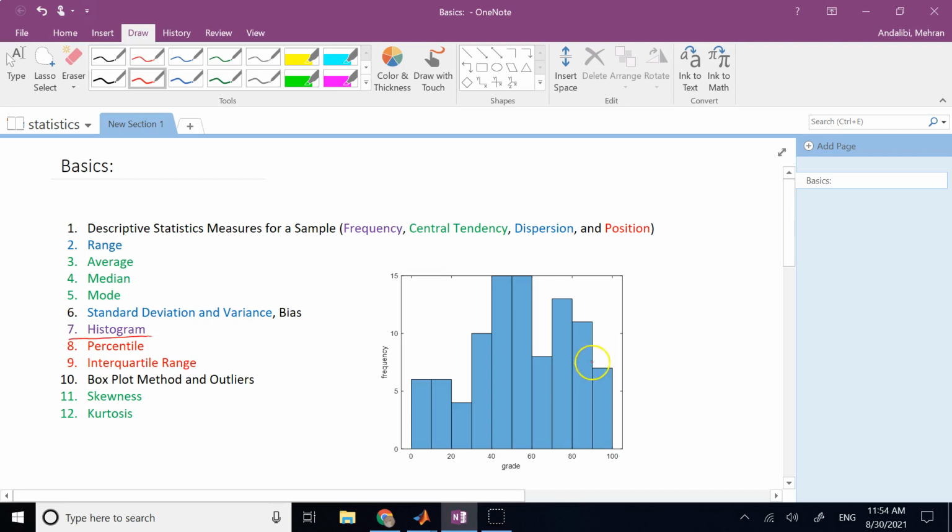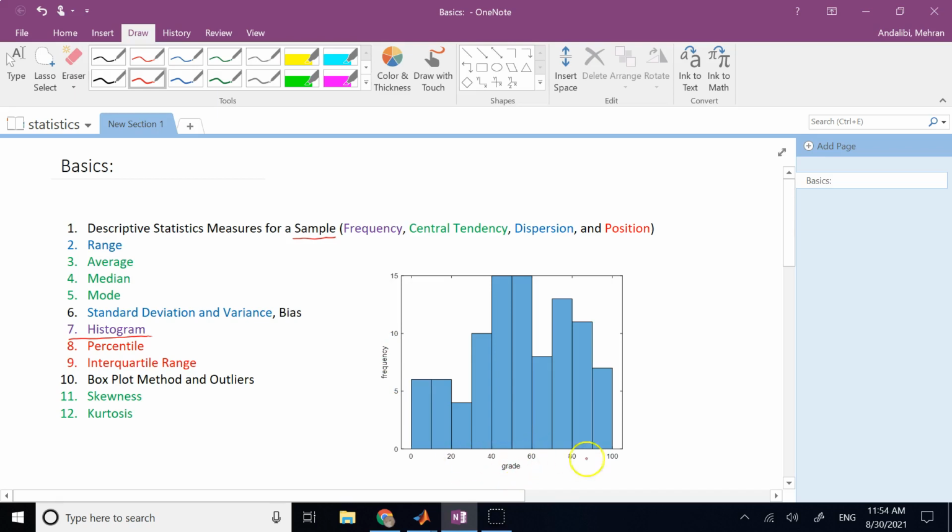So histogram is what? If you have a bunch of data that you collected from some population, which is what we call a sample, and now you want to show the frequency of each range of data, that plot is called the histogram.